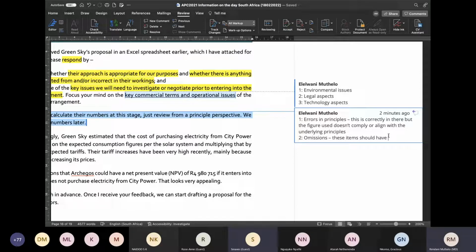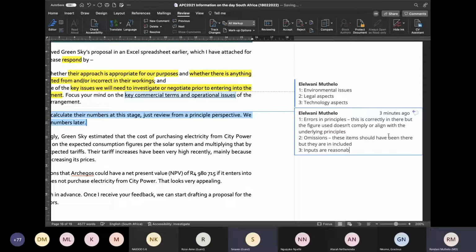Okay, sounds good. So this item should have been there, but they are not included. So they have been incorrectly omitted. And number three, it is whether the inputs are reasonable.